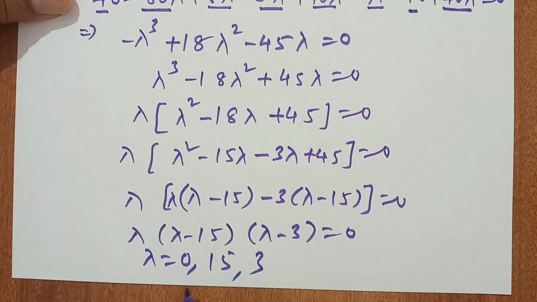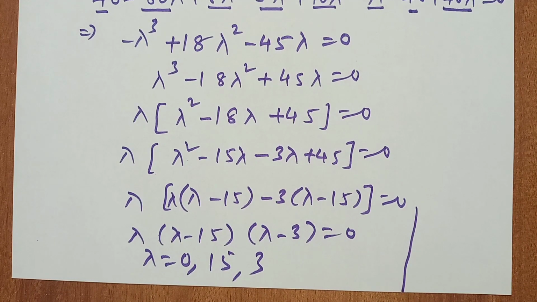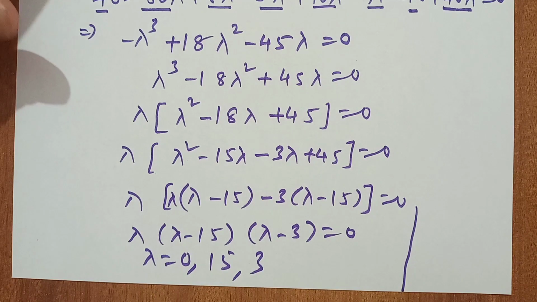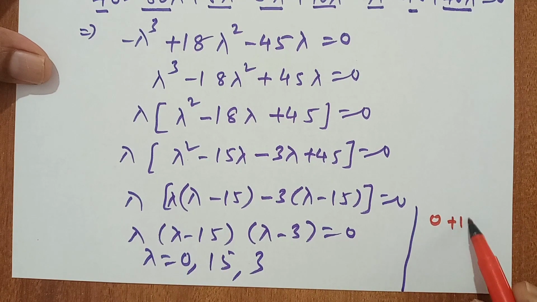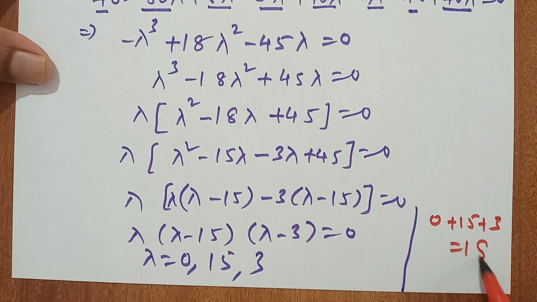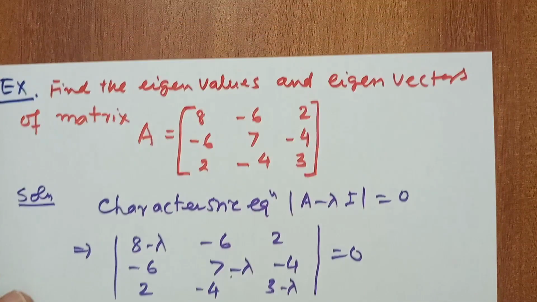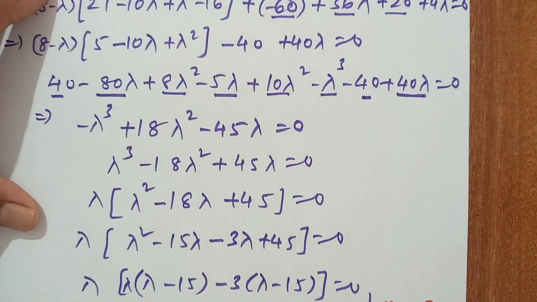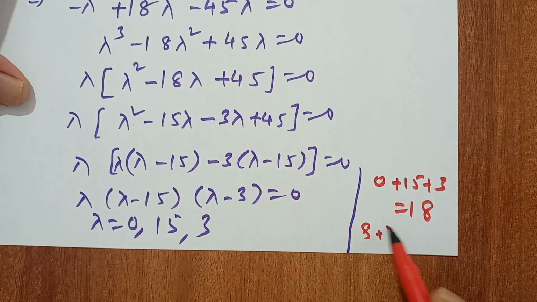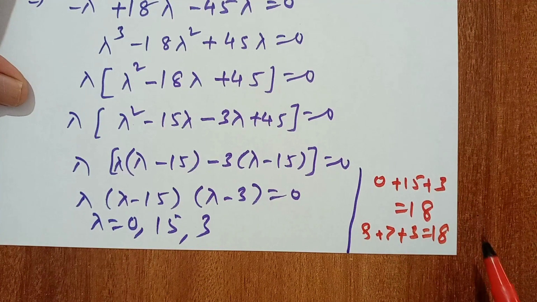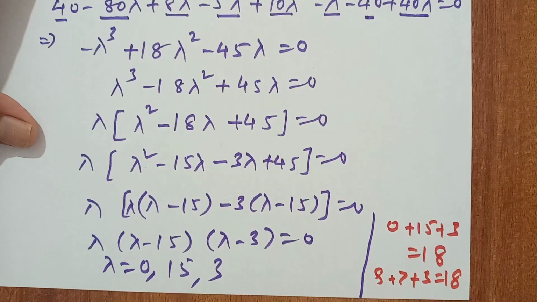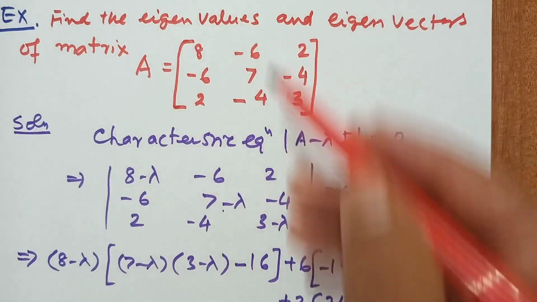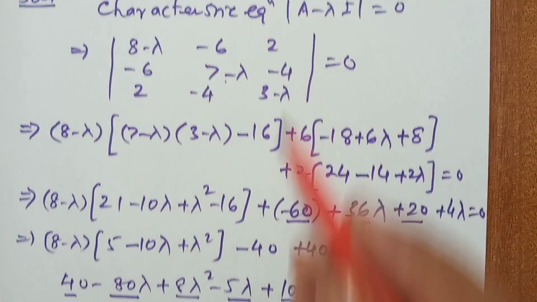We will add all the eigenvalues of lambda, meaning 0 plus 15 plus 3, which is equal to 18, and the sum of the diagonal elements is 8 plus 7 plus 3, which is 18. It means our eigenvalues are correct, so our calculation is correct.